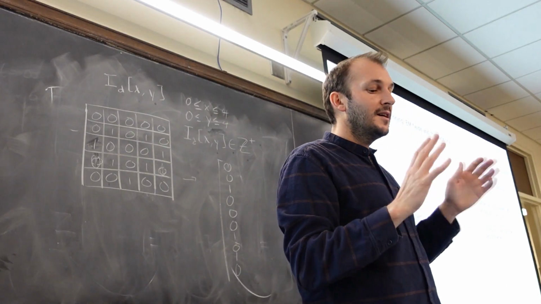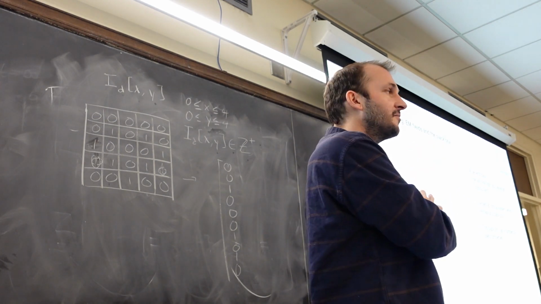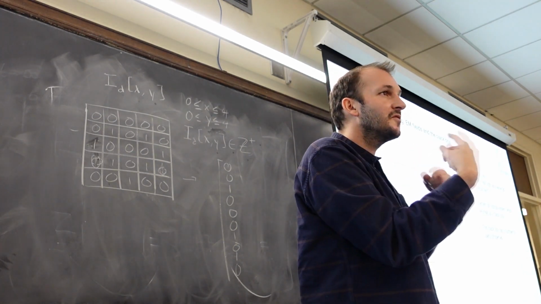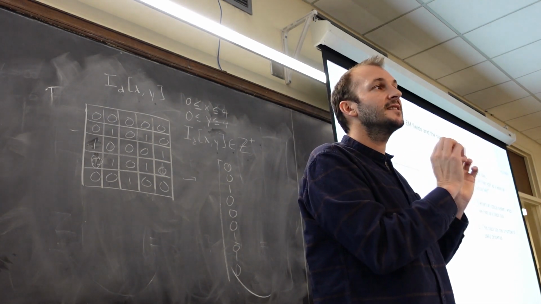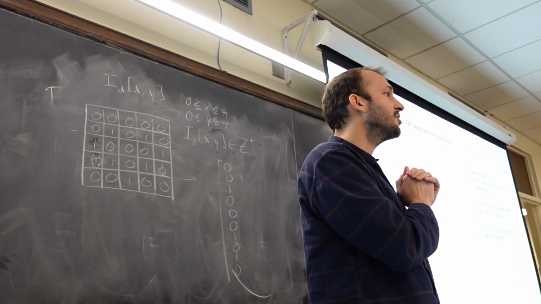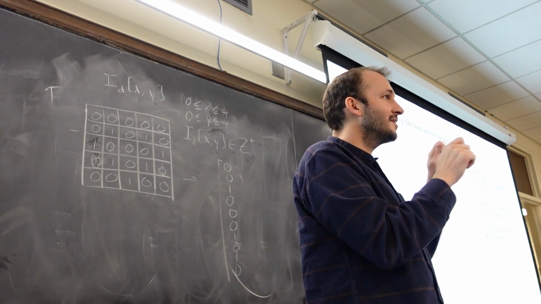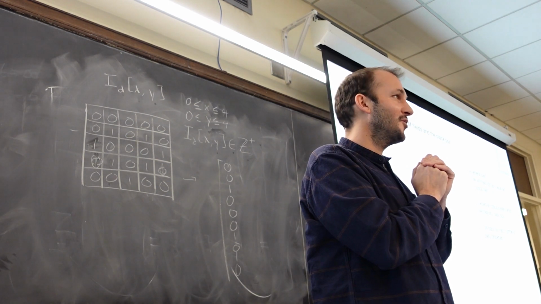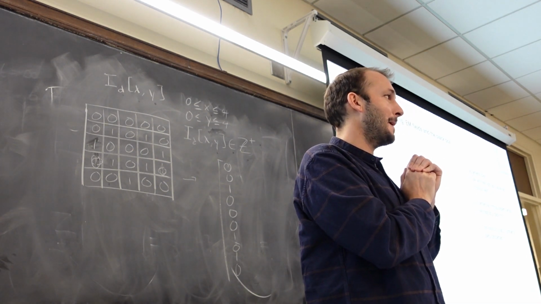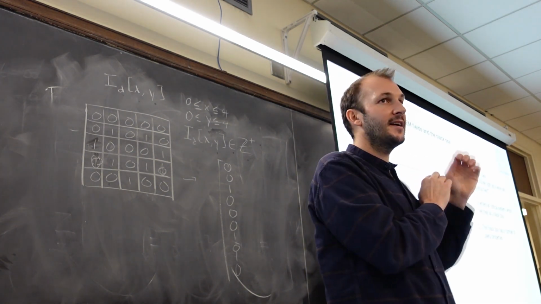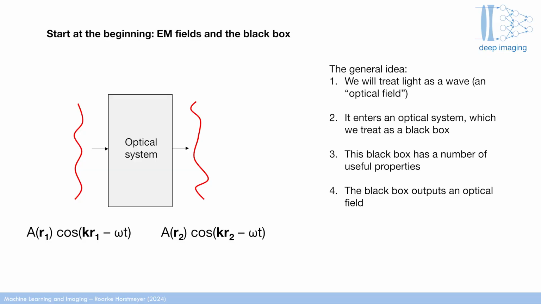Luckily, as we'll get to, these transformations become, under a number of assumptions, mathematically extremely simple. So simple that you can just model them with one line of code in your computer. But we're going to figure out why and how that's the case. This idea of a black box is a well-known idea that can be applied not just to signals in a circuit, it can be applied to images.